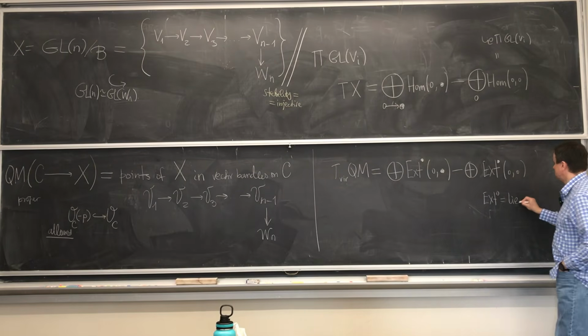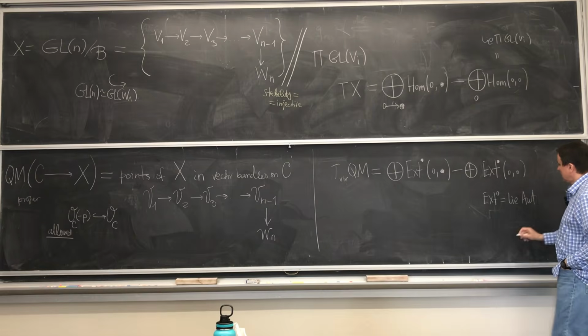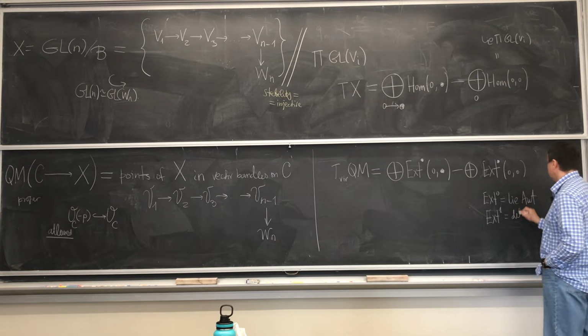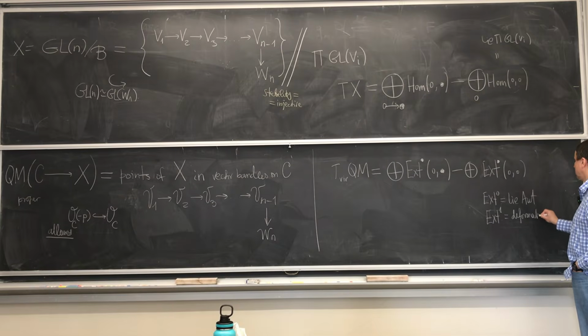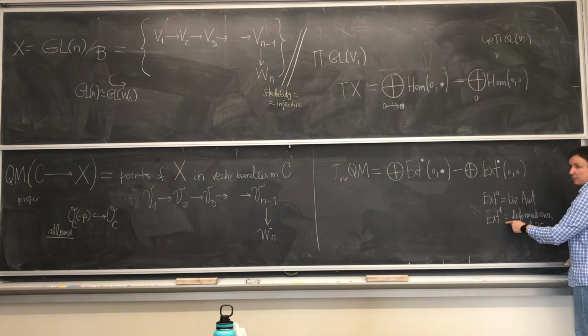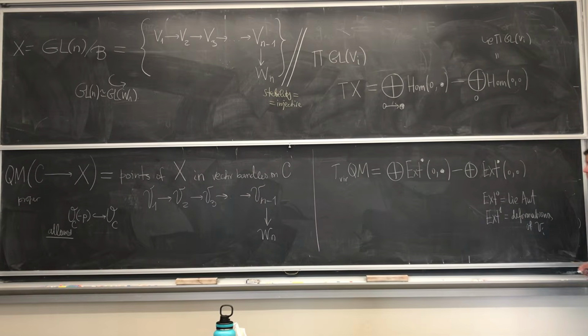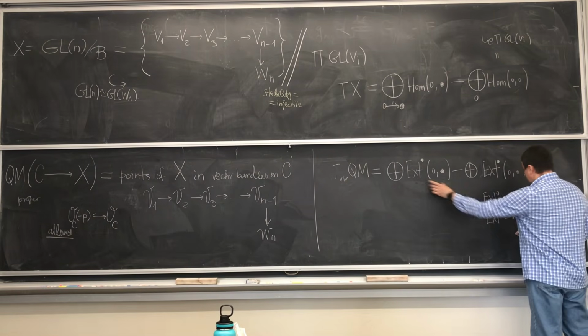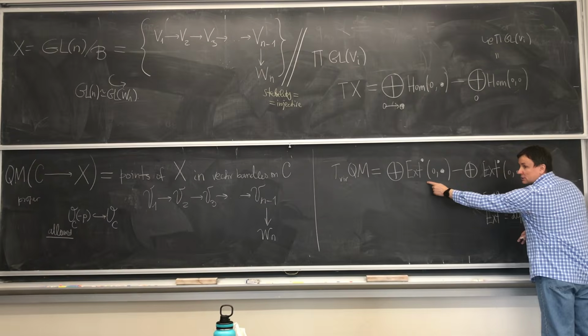This is the Lie algebra of the automorphisms, and Ext^1, these are just deformations of my bundles. I subtract the automorphism, I add back Ext^1, which is the deformation. So you mod out by the automorphism, the actual deformations are Hom here and Ext^1 here, and there's obstruction coming from Ext^1.